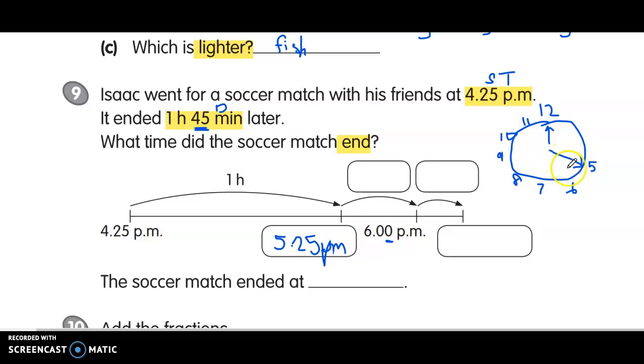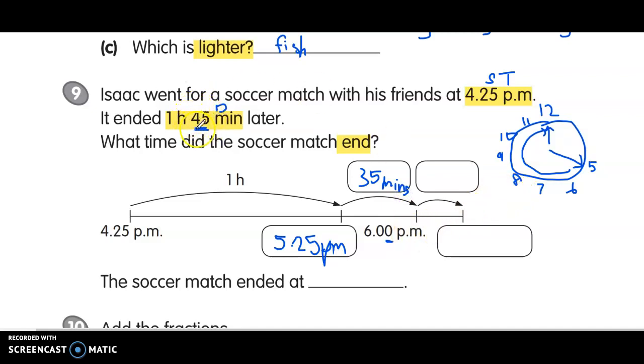This minute hand must go more than half the circle to reach 12. How many more minutes to reach 6 o'clock? Each number represents 5 minutes, right? So 5, 10, 15, 20, 25, 30, 35. Therefore, we add another 35 minutes to reach 6 o'clock.